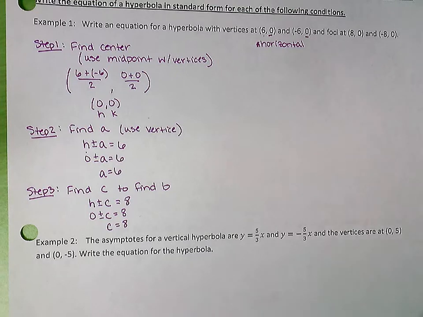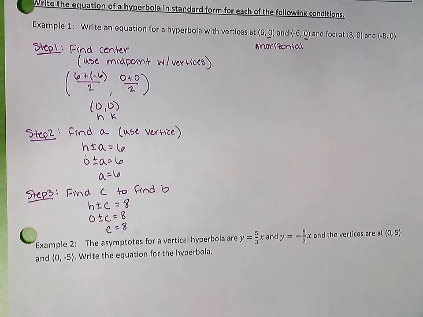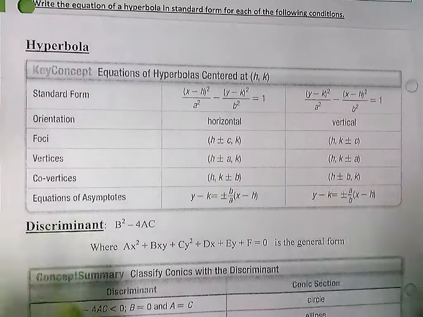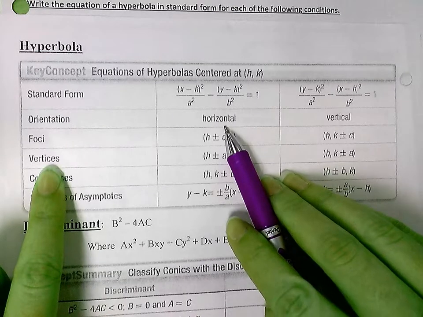So how do you know on step 2 to put 6? Right here. If I look here, I'm using my vertices, right? I know it's horizontal.